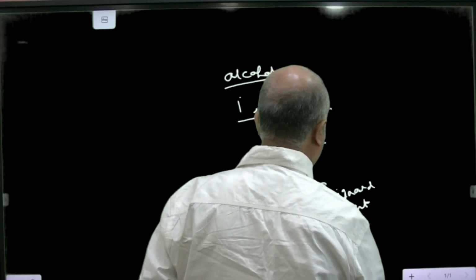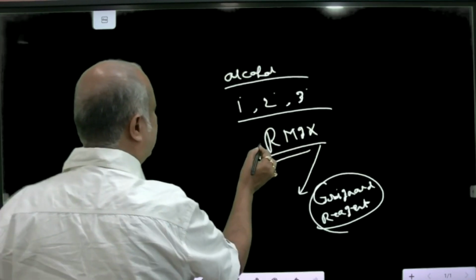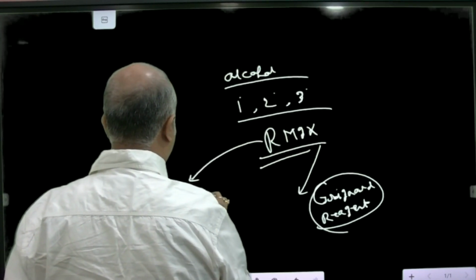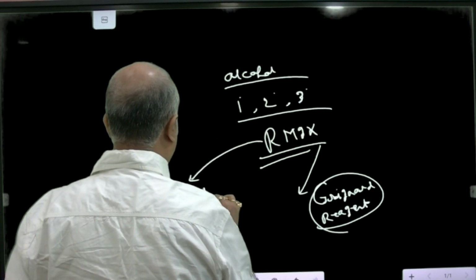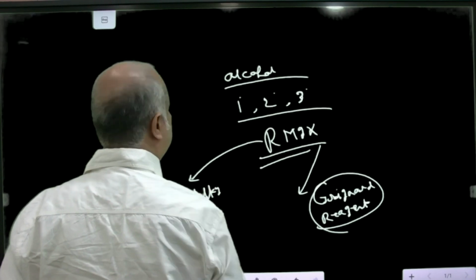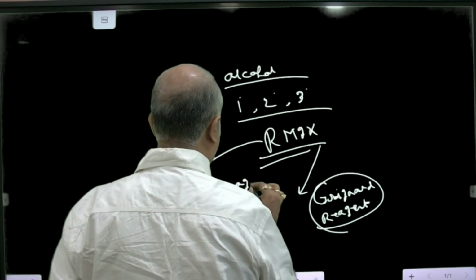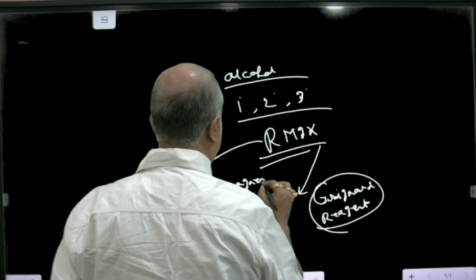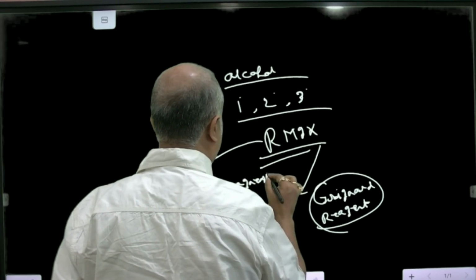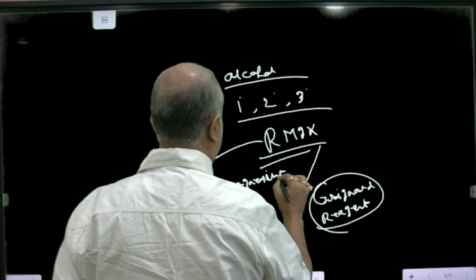Grignard reagent is called alkyl magnesium halide.